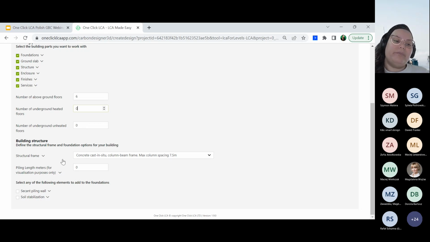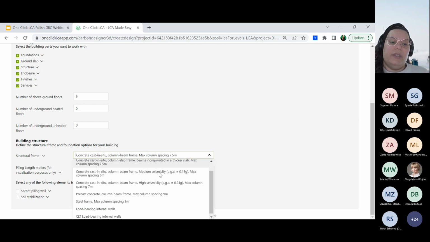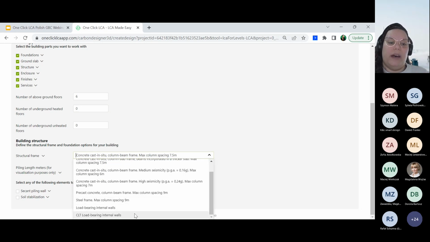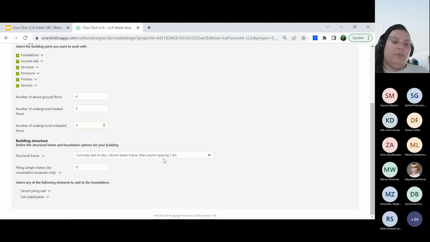So here, when we are talking about the structure, we have different choices. So for example, we have here the timber frame or concrete and steel. So you can choose one of them to proceed, and then the piling length for visualization.